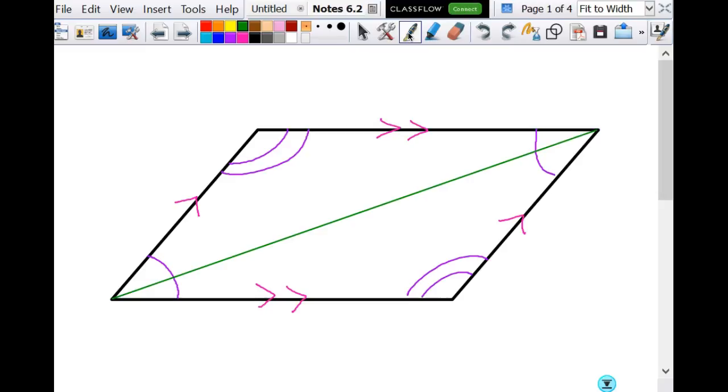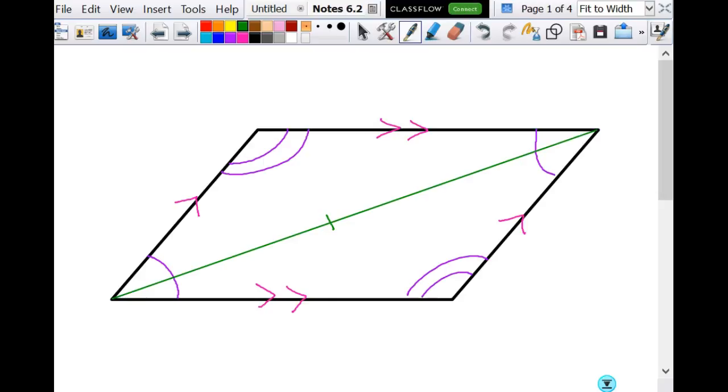How? Angle, angle. Is angle, angle prove that they're congruent? No. Proves that they're similar, but I actually don't have angle, angle in the triangles because I split these angles and I don't know that I necessarily bisected them. But let's look at what we do have. We know that this is congruent to itself, right?